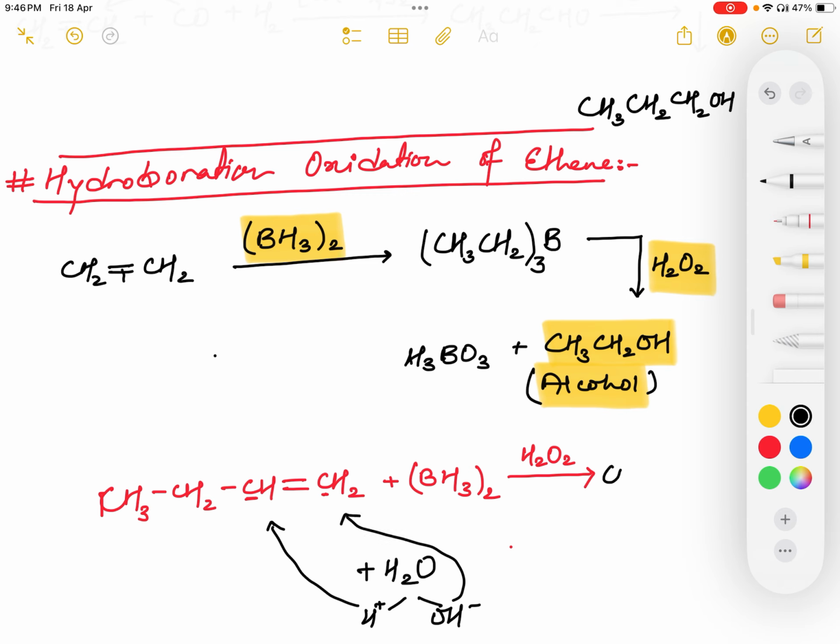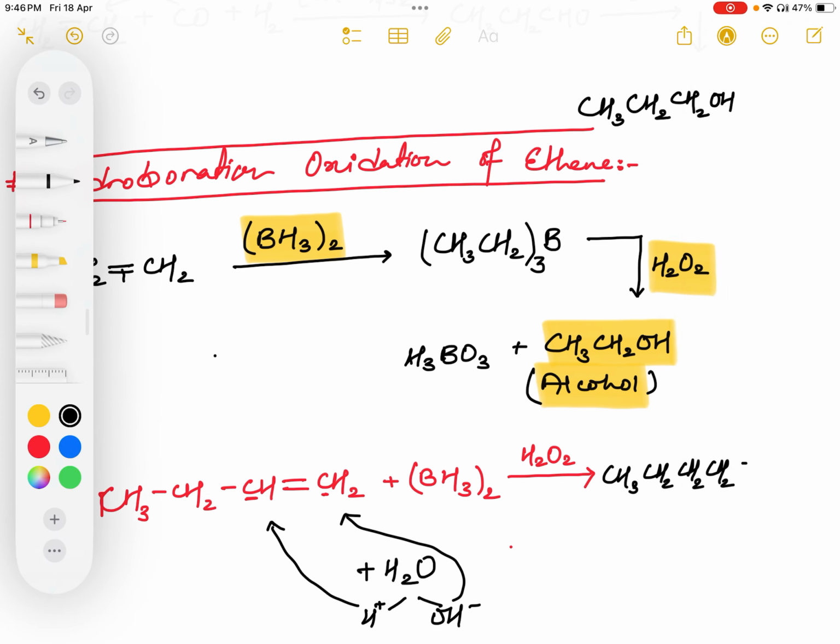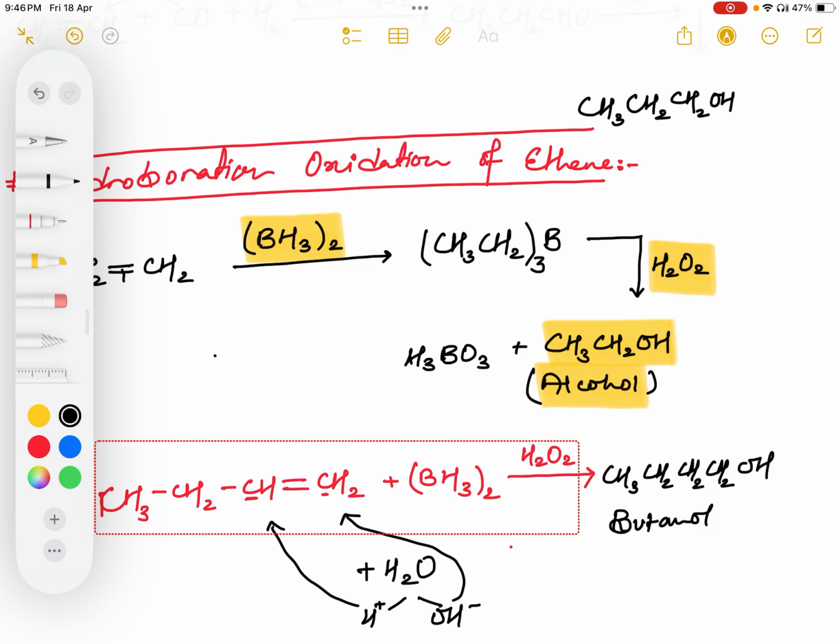The product will be CH3, CH2, CH2, CH2 and OH, or butanol. I mean, don't get confused. Simply remember the way you add water to an alkene, and keep in mind that you will follow the anti-Markovnikov rule, whatever the product will be in the hydroboration technique as well.